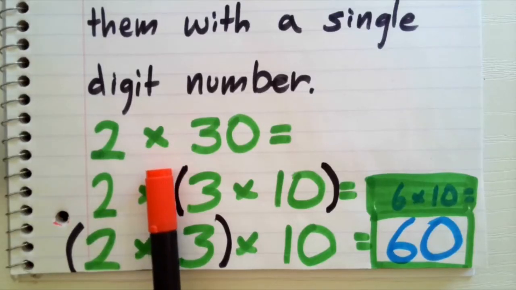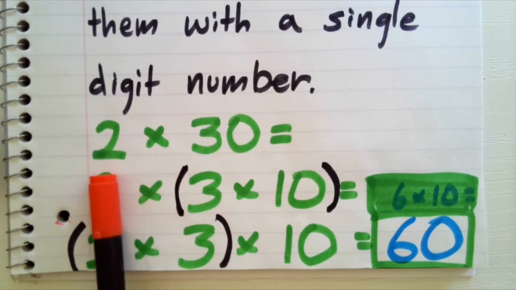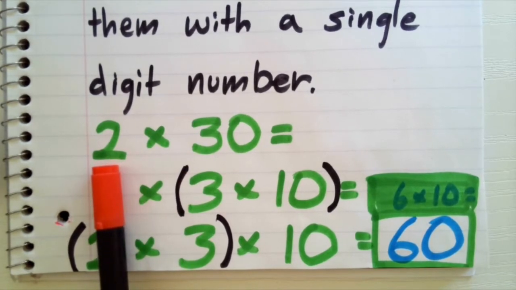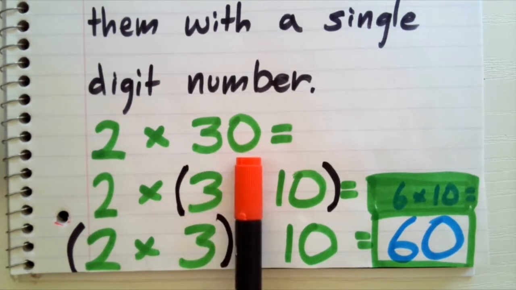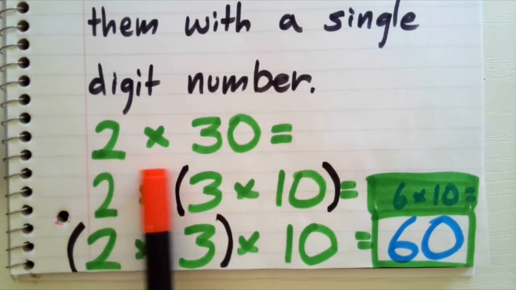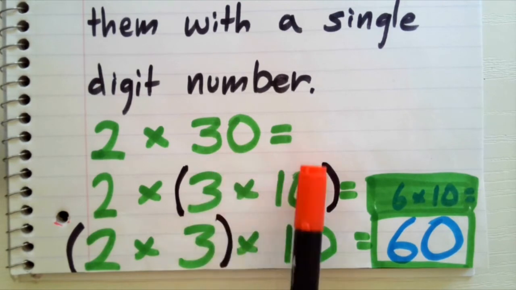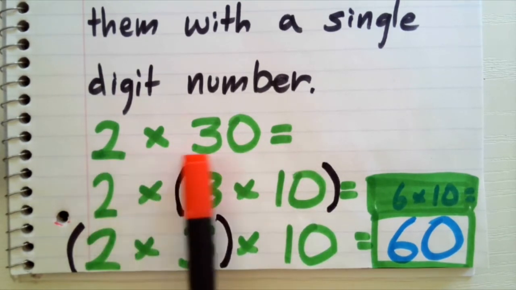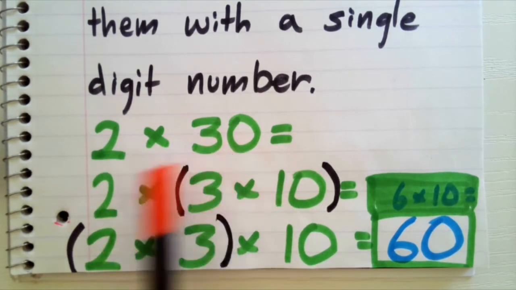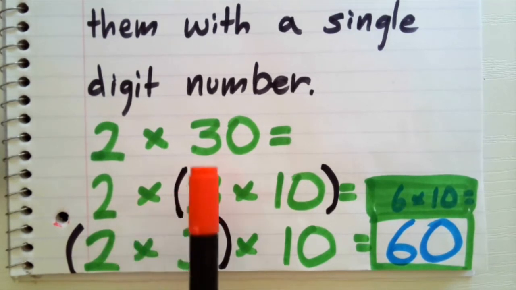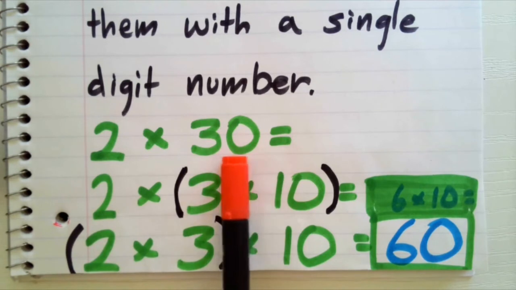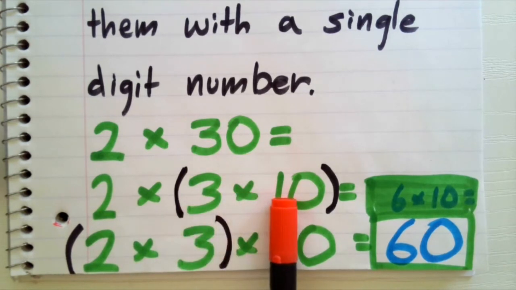Here is an example of multiplying a single-digit number, 2, with a multiple of 10, which is 30. 2 times 30. Maybe you know how to work that out in your head. But let's use it to show the associative property. We know that 30 is 3 times 10.